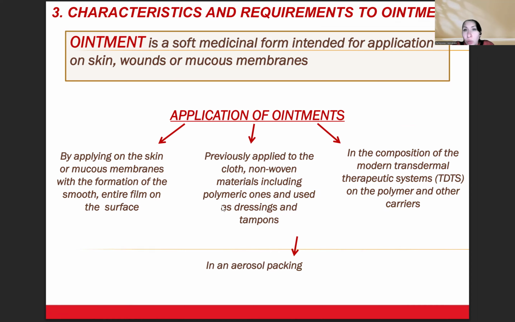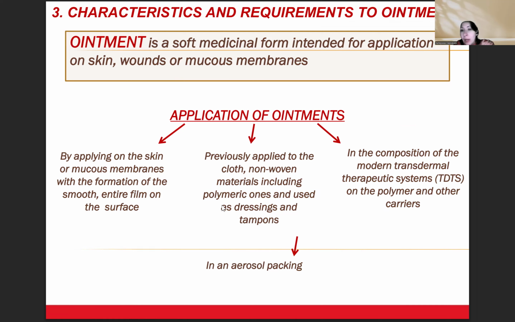They are semi-solid dosage forms intended for application on skin, wounds, or mucous membranes. There are different kinds of ointments. They can be applied on skin or mucous membranes with the formation of a smooth entire film on the surface. They can be previously applied on non-woven materials, and they can be in the composition of modern transdermal therapeutic systems. It's a very interesting thing, very convenient to use.